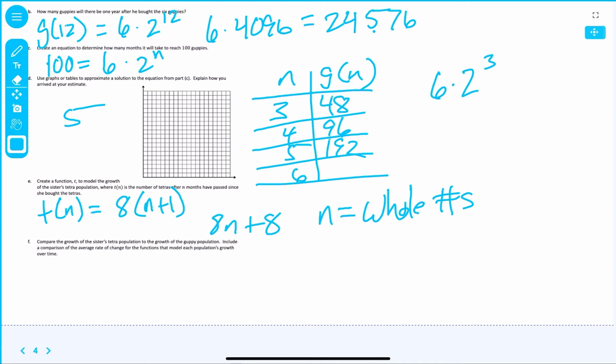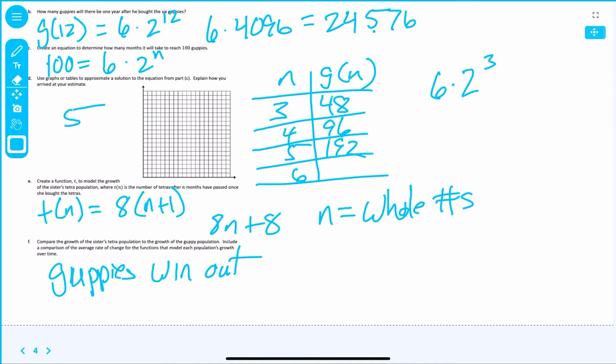Guppies. Why? Because it's an exponential function. It is growing exponentially. The tetra is growing linearly. It's a constant change. So the guppies will eventually win out. They're going to start off a little slower, but they're going to catch up.